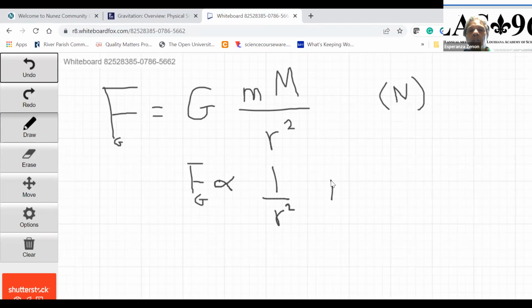So this is what we call the inverse square law, because inverse means 1 over, and then you notice that that distance is being squared. Inverse. Oh, no, I gotta spell square right, huh? I need more coffee this morning.